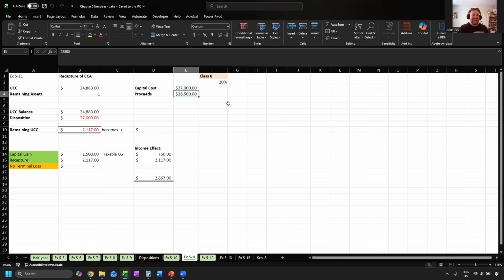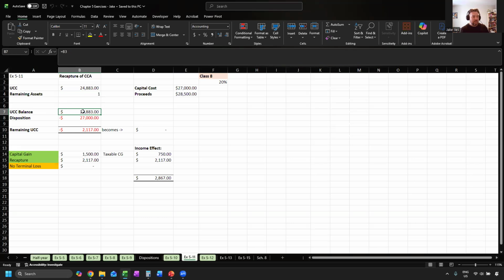Now we can't dispose of more assets than what we put in. So our disposition can't be the $28,500 because it's too high. We will subtract the $27,000. We had two properties in this bin. So after our disposition, there's still a property left. So we're not going to close out Class 8, but we do have to deal with the disposition of the one we sold.